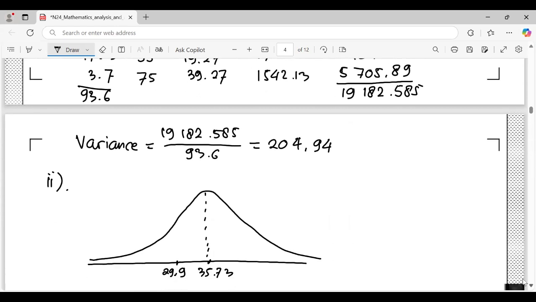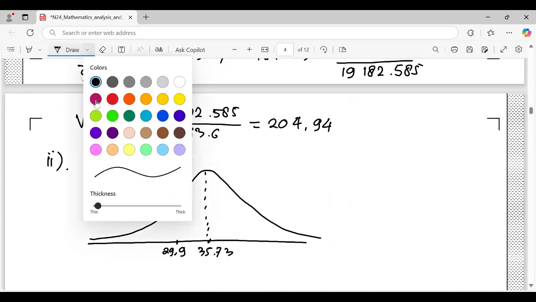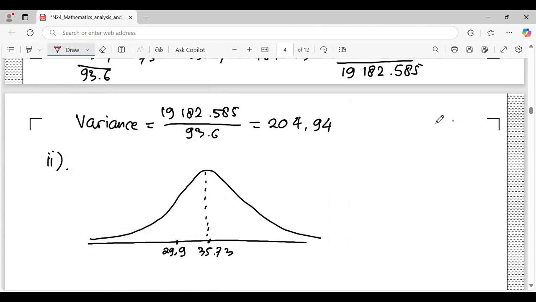So we are going to sketch the graph. I'm going to use a different color, like this. This is the mean, and then it's going to be like this.